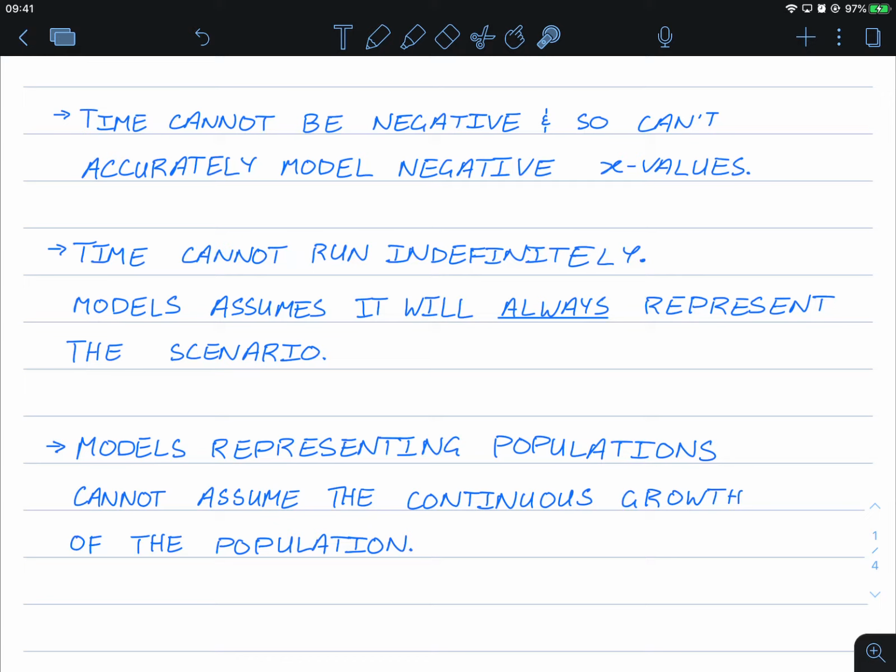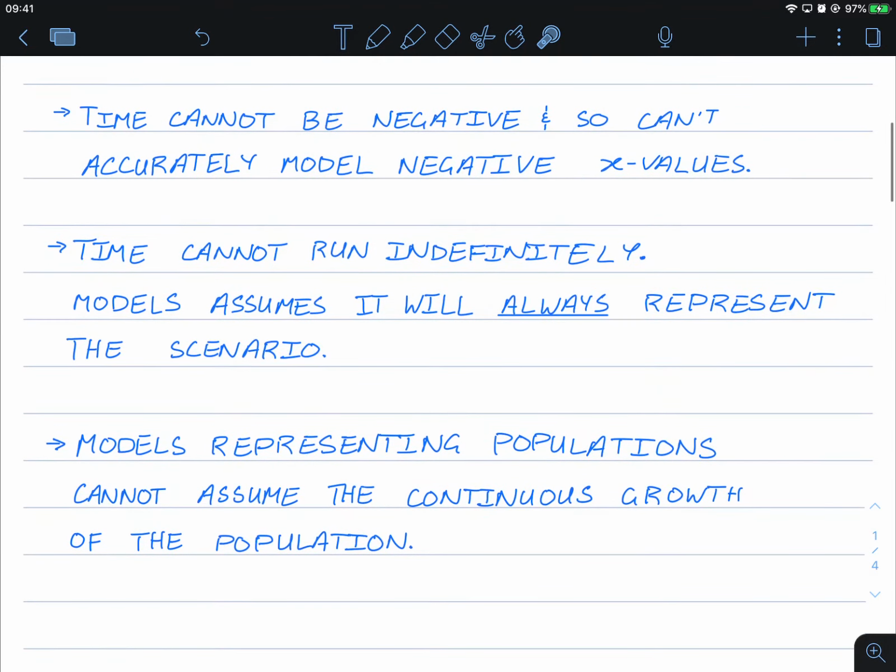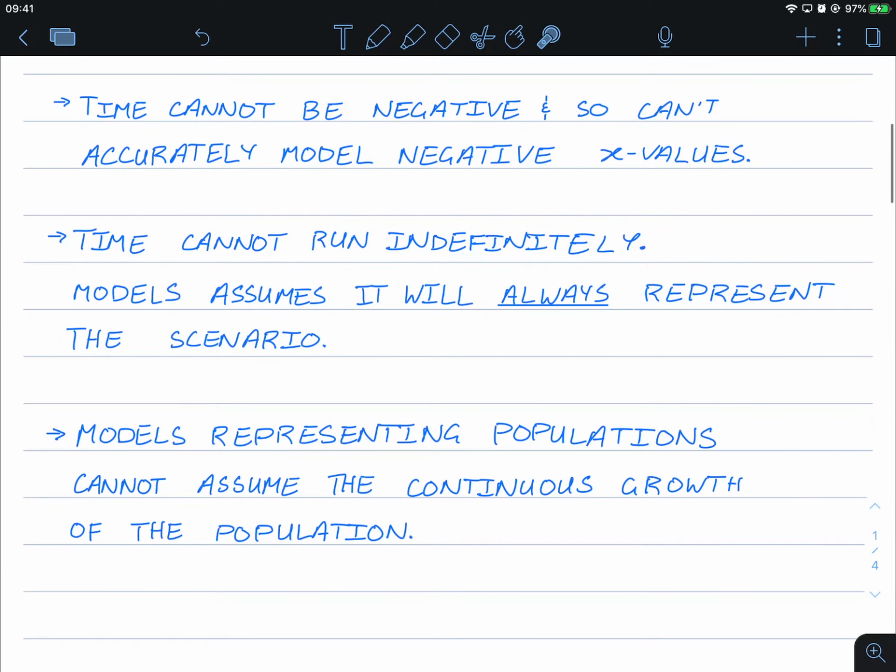Time cannot run indefinitely. Models assume it will always represent the scenario, but it doesn't take into account, say, in the example that we're going to see, this population growth of fish in a pond, whether there's a tsunami or something that eradicates them.